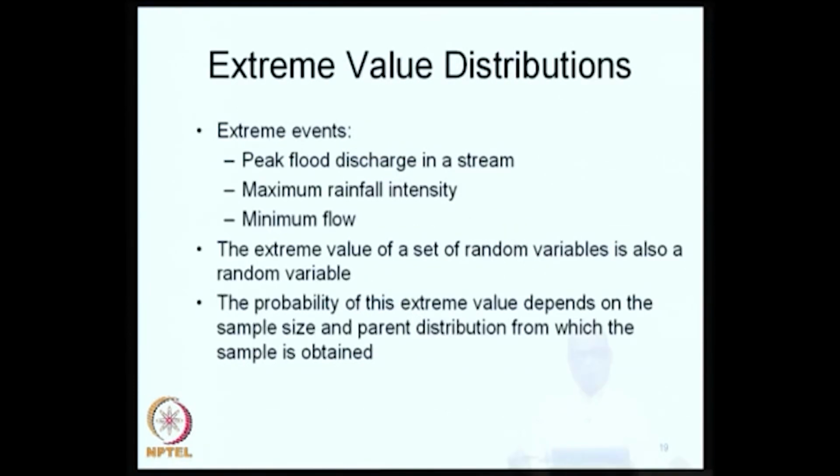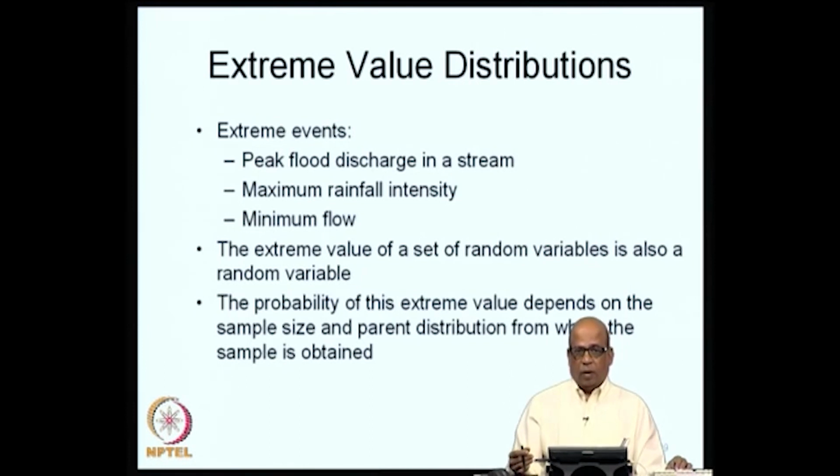Now, we will move on to extreme value distributions, which are extremely important in hydrology. Often we will be interested not in the normal or smoothened processes, for example, monthly stream flows, annual rainfall, seasonal or monthly evapotranspirations, seasonal groundwater levels, which are all smoothened over a period of time, and you are talking about normal processes in some normal sense.